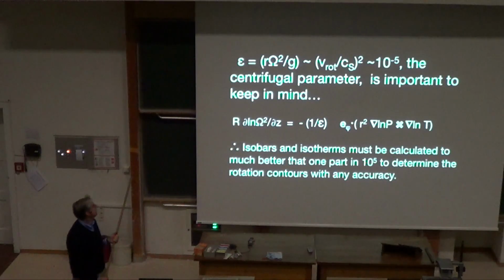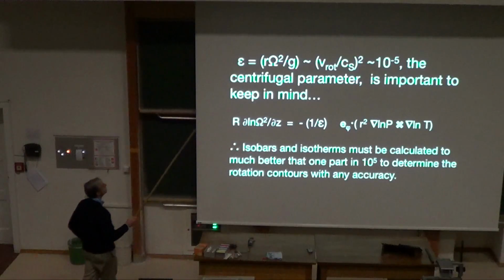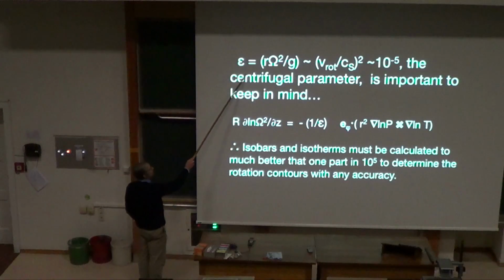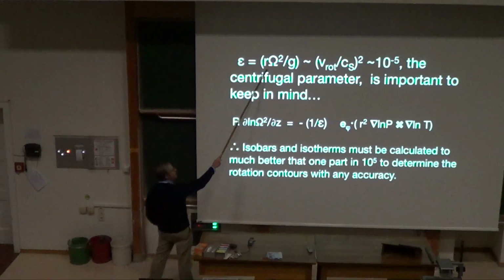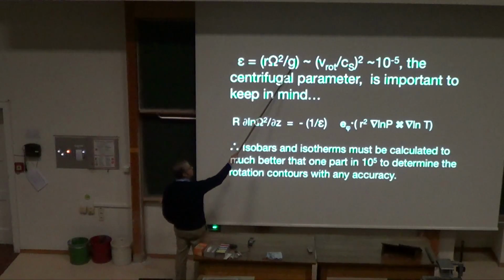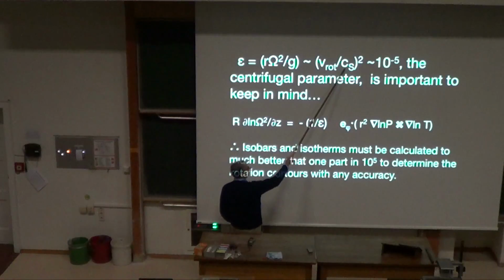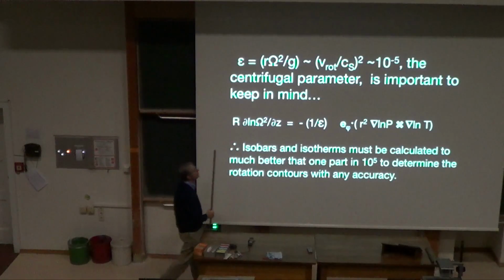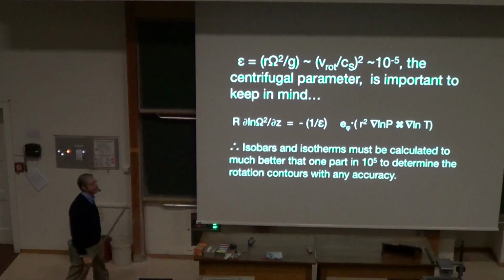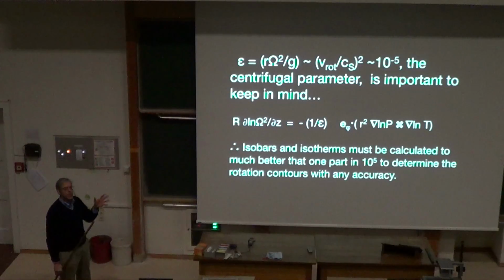So the point is that there's a small number in this problem, which is the ratio of rotation to gravity, same order as the rotation velocity to the sound speed, a number of about 10 to the minus 5. It's a centrifugal parameter. It's important to keep that in mind when you think about the sun. It's a very small parameter here that can pop up in interesting ways.